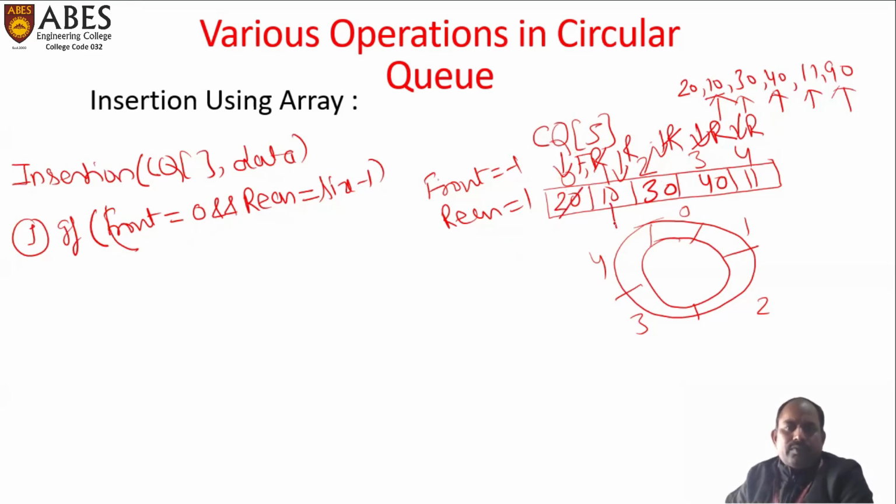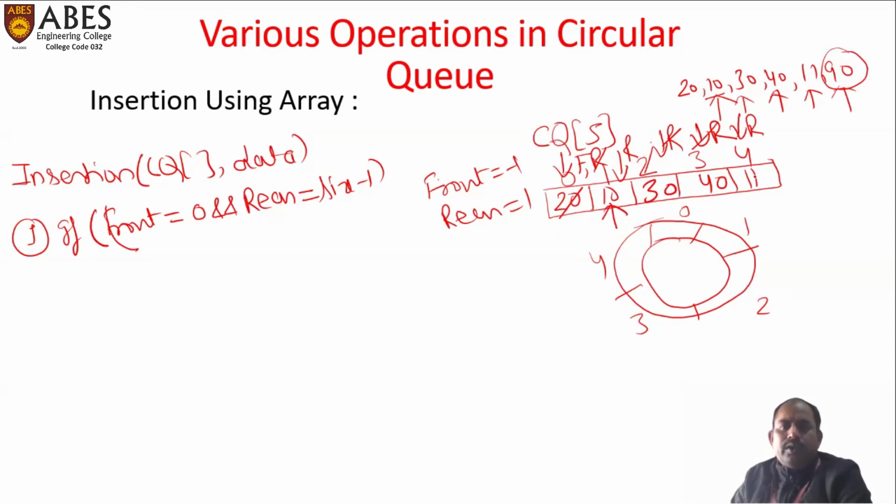So front will be at 10, at index 1, and this location is now vacant. Because the array is circular, if we want to insert 90 in the circular queue, we can reuse this deleted space.